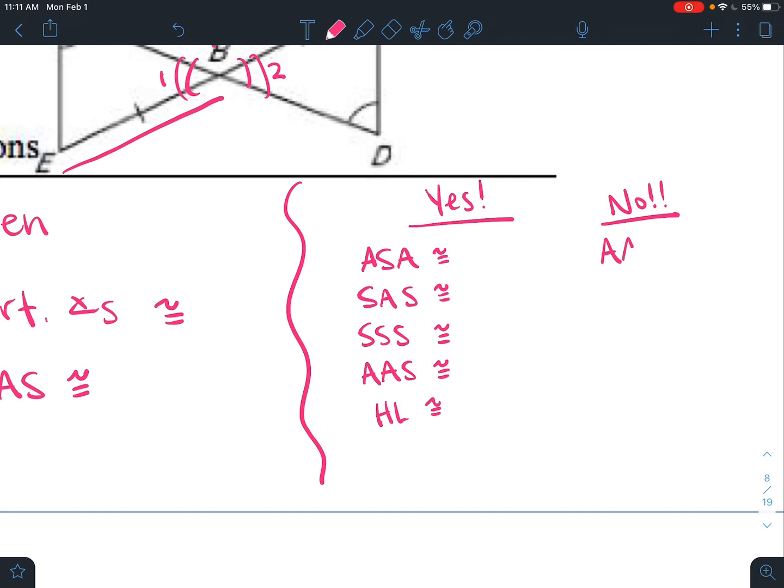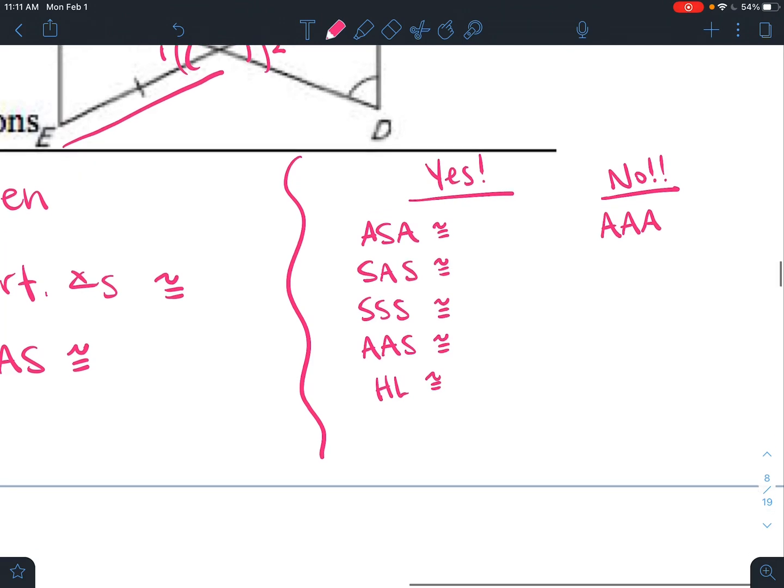One of those is angle, angle, angle. One reason that this does not work is if I ask you to draw me an equilateral triangle or an equiangular triangle, those all will be 60-degree angles.